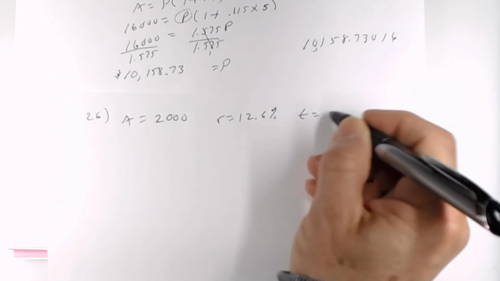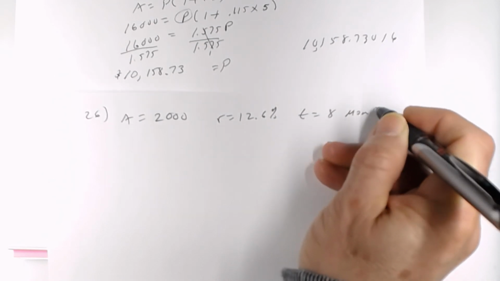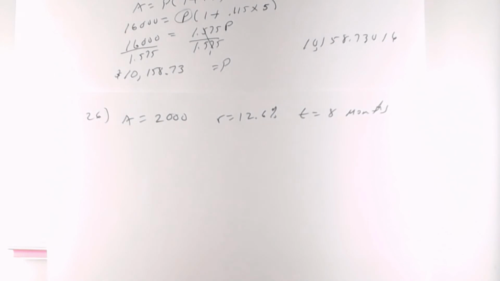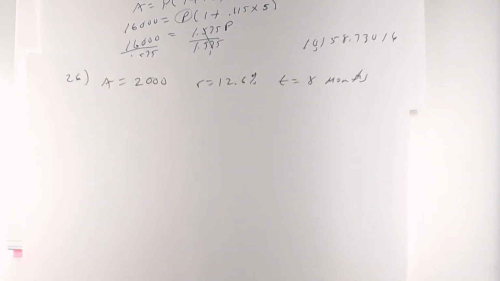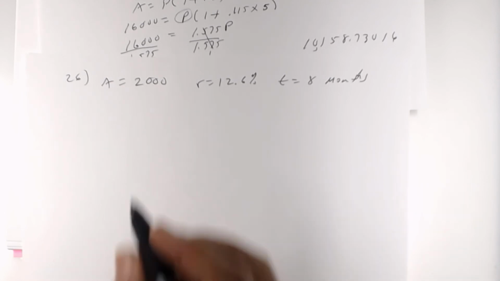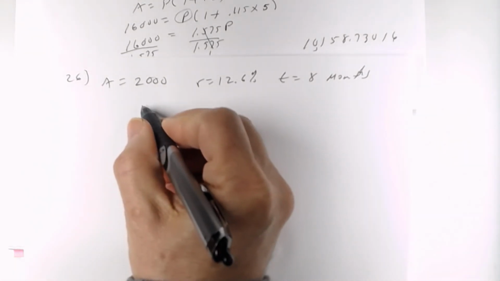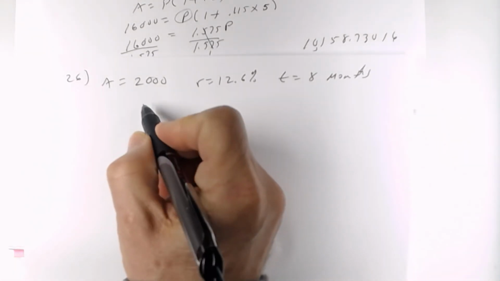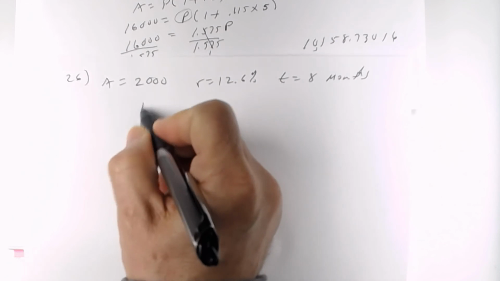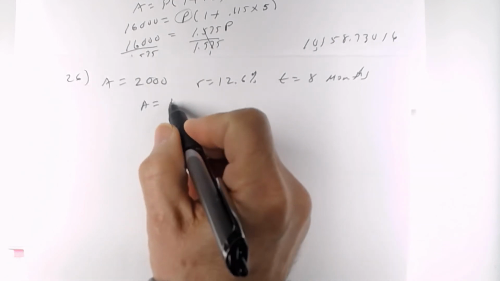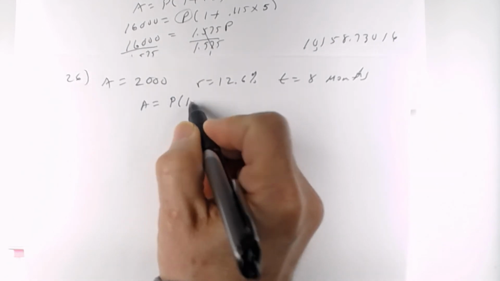And the time is 8 months. And you want to find the present value. You want to find the principal. Okay, what formula are you going to use? A equals P times 1 plus RT.